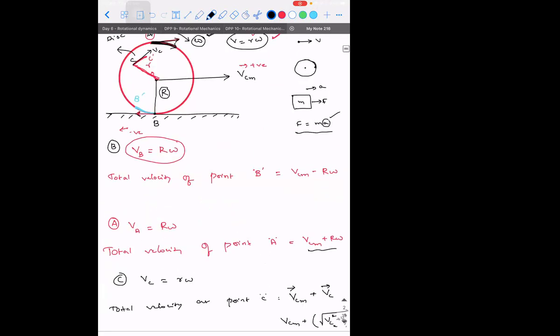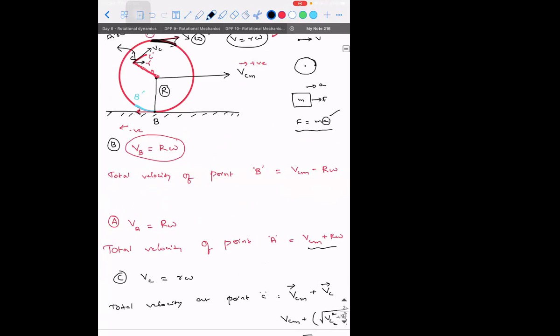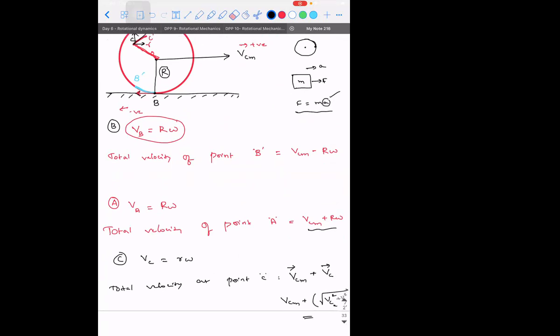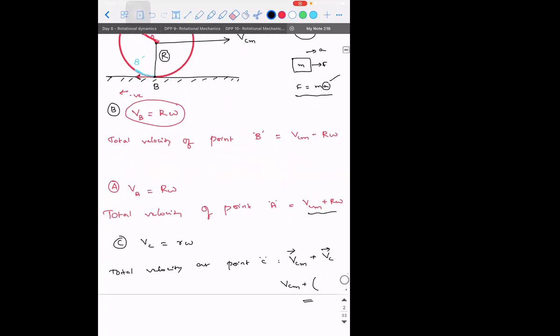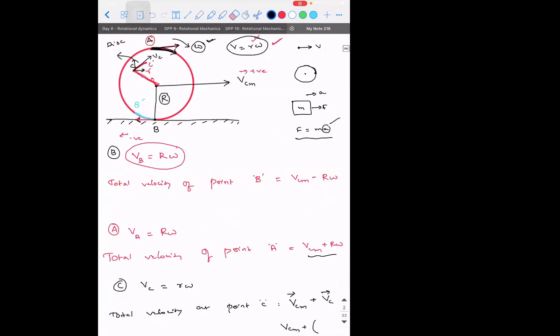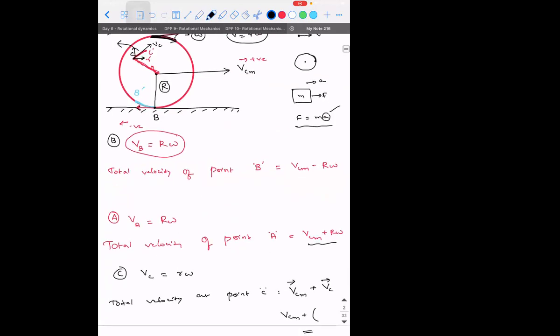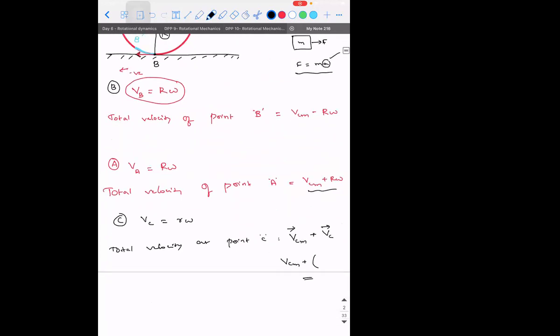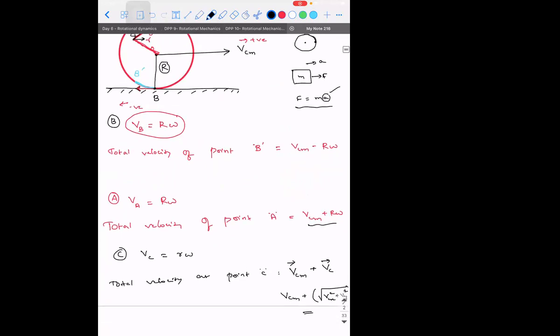What I'm trying to say is this R omega can be resolved into two components. So it will be root of VCx square plus VCy square. Are you guys able to understand what I did? I applied the parallelogram law of vectors.